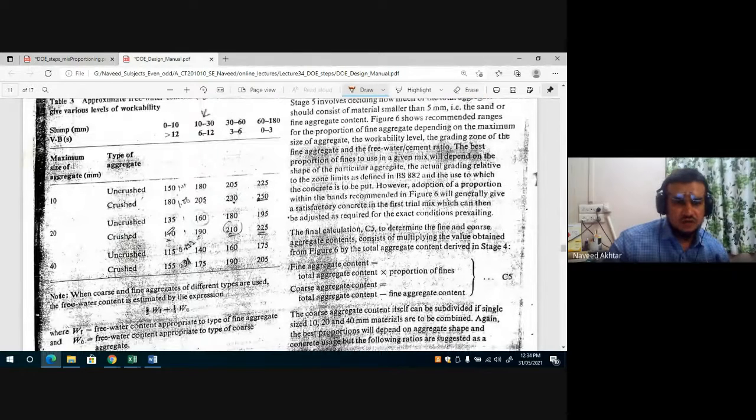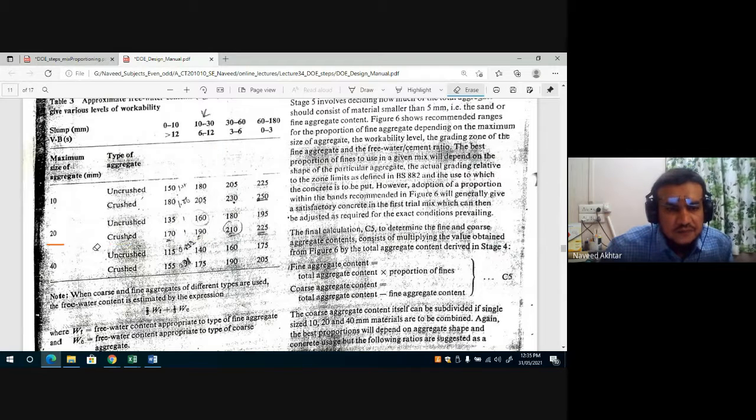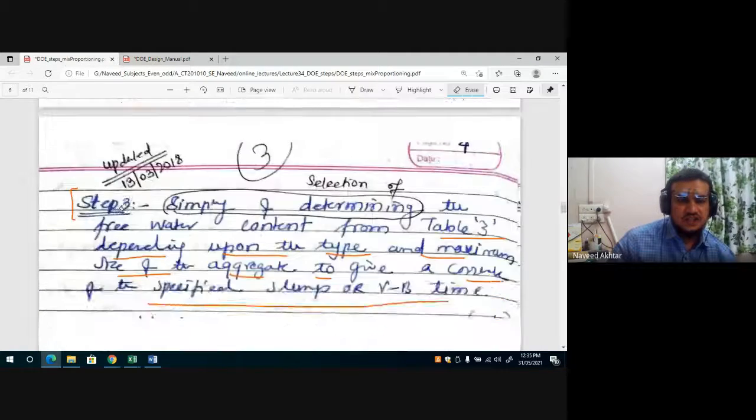So here you can see for 20 mm aggregate, if it is crushed, and for 10 to 30 slump, the water content will be 190. So this is step number 3, to find out the water content.